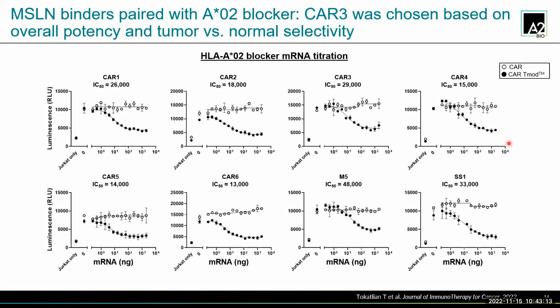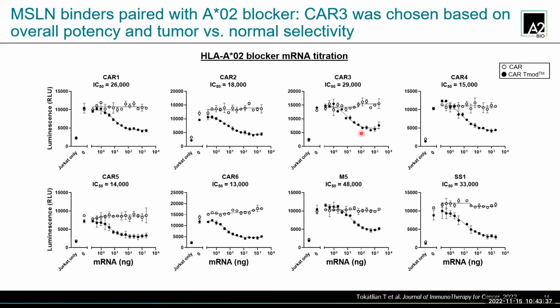So in this case, the A2 antigen is titrated, whereas the mesothelin expression is fixed at about 27,000 molecules per cell. And what you can see is that all of these CARs exhibited ligand-dependent inhibition by the A2 blocker.